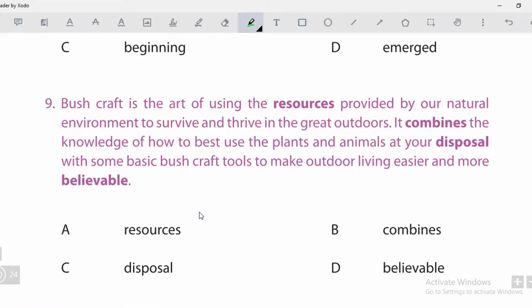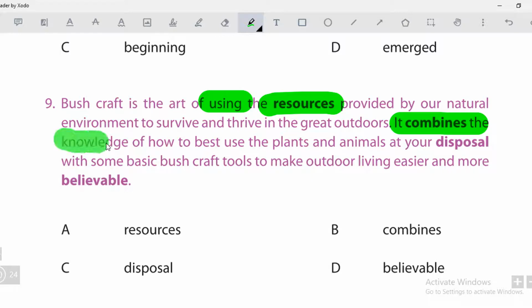Number 9. Okay, let's look here. Bushcraft is the art of using resources. Can you use resources? Yes, you can. Okay. It combines knowledge and something else. Yeah, so it combines two things. It's correct. Okay, the plants and animals at your disposal.